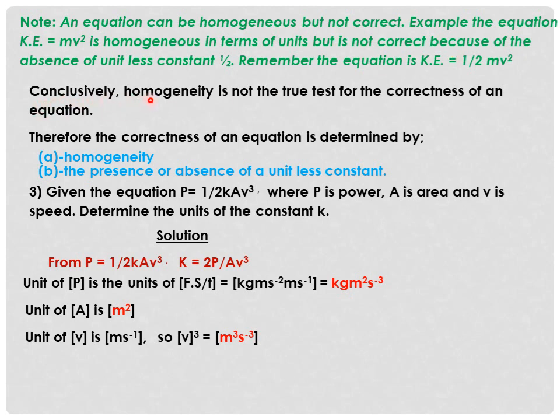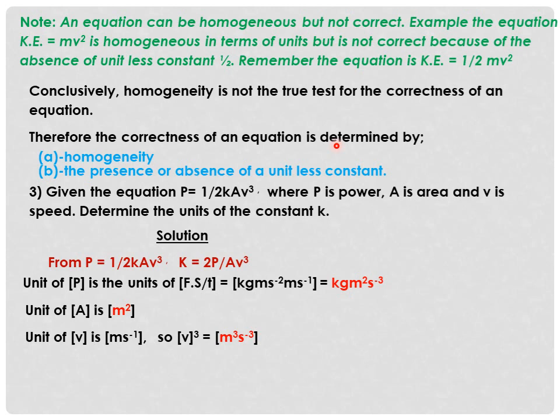So conclusively, homogeneity is not the true test for the correctness of an equation. An equation can be homogeneous, but it is not correct. Why? Because of the absence of a unitless constant. Therefore, the correctness of an equation is determined by its homogeneity and the presence or the absence of a unitless constant.